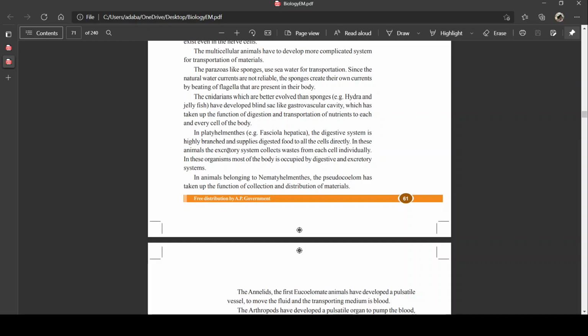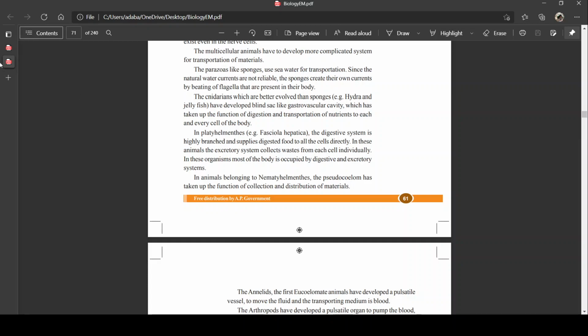In these animals, the excretory system collects waste from each cell individually. Two systems are developed: the digestive system and the excretory system. In these organisms, most of the body is occupied by digestive and excretory systems.